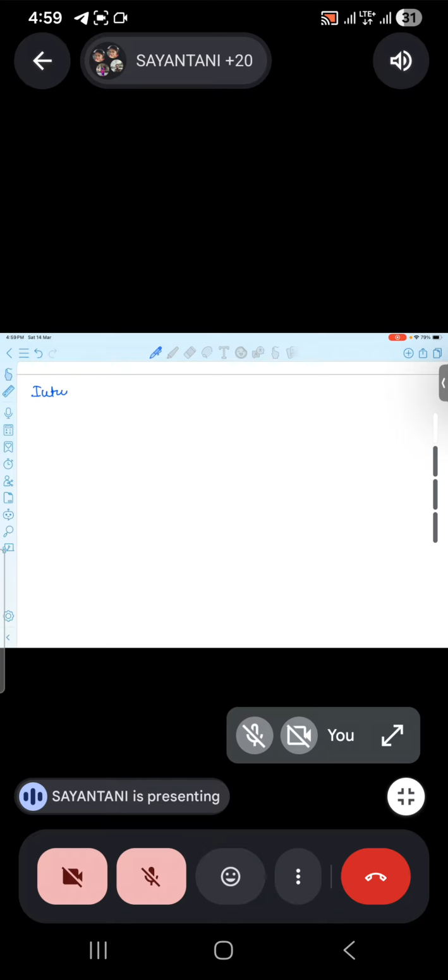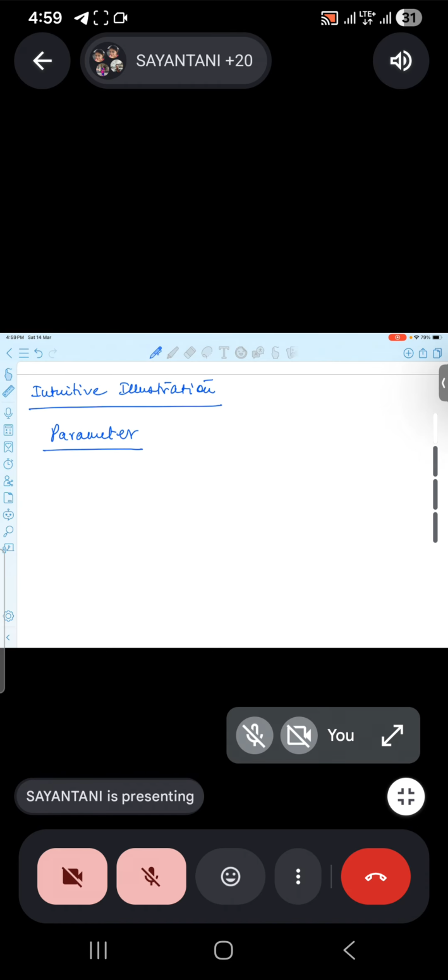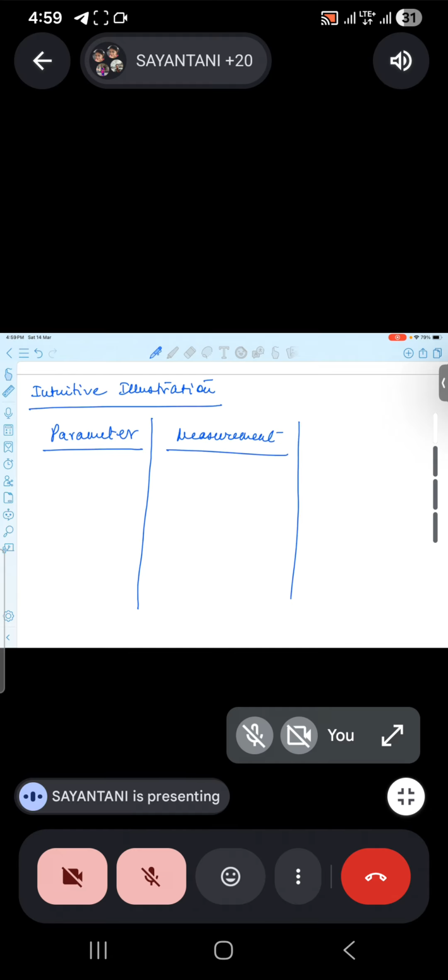So I'm giving you an intuitive illustration of what mathematically I'm capturing through the three parameters: the parameter, what I'm trying to measure, and what is the EEG based signal interpretation.